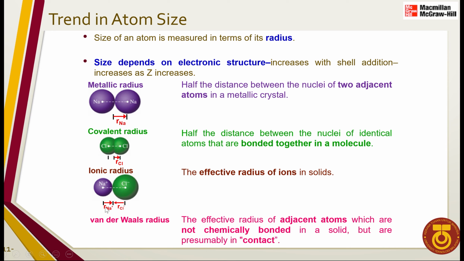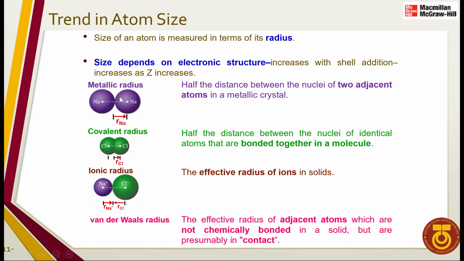So then we have the effective radius with respect to the ion itself, r of Na+ and r of Cl−. Usually a positively charged ion has a smaller radius than in the neutral state, and a negatively charged ion has a larger radius than its neutral state.